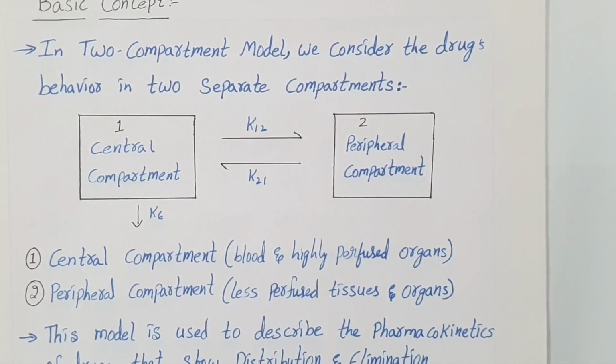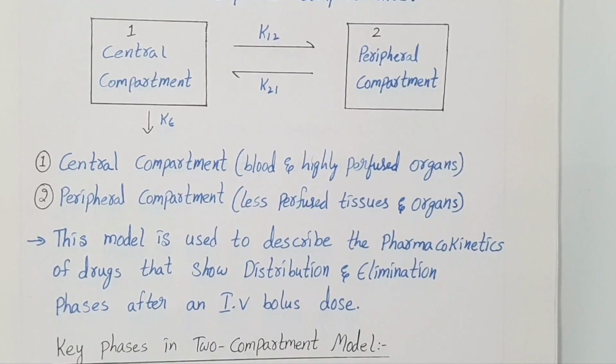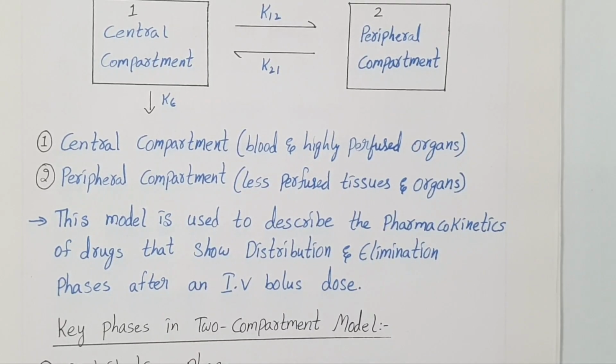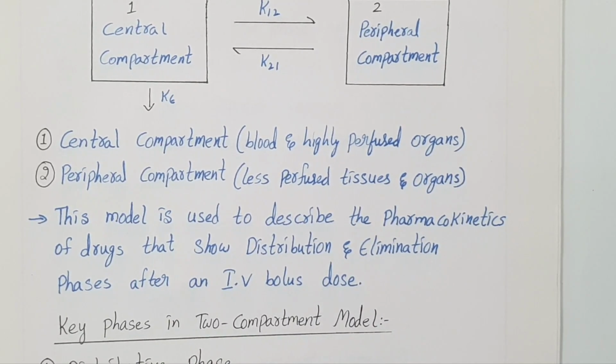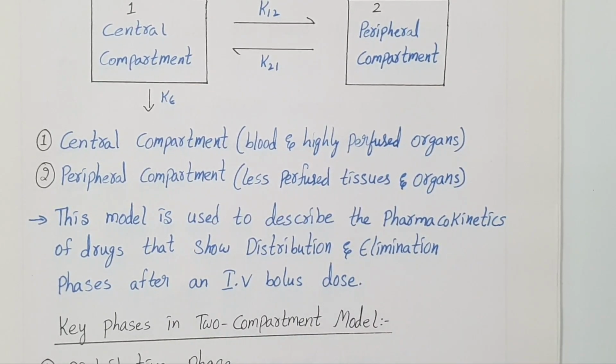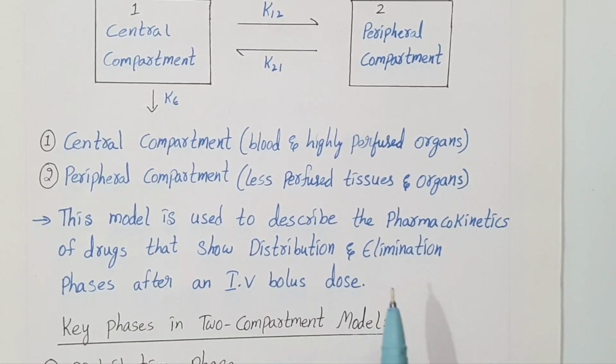Now when we inject a drug directly into the bloodstream, that is an IV bolus, it does not just stay there. It starts moving. First distribution throughout the body, then it begins to eliminate, and that's what the two-compartment model explains perfectly.